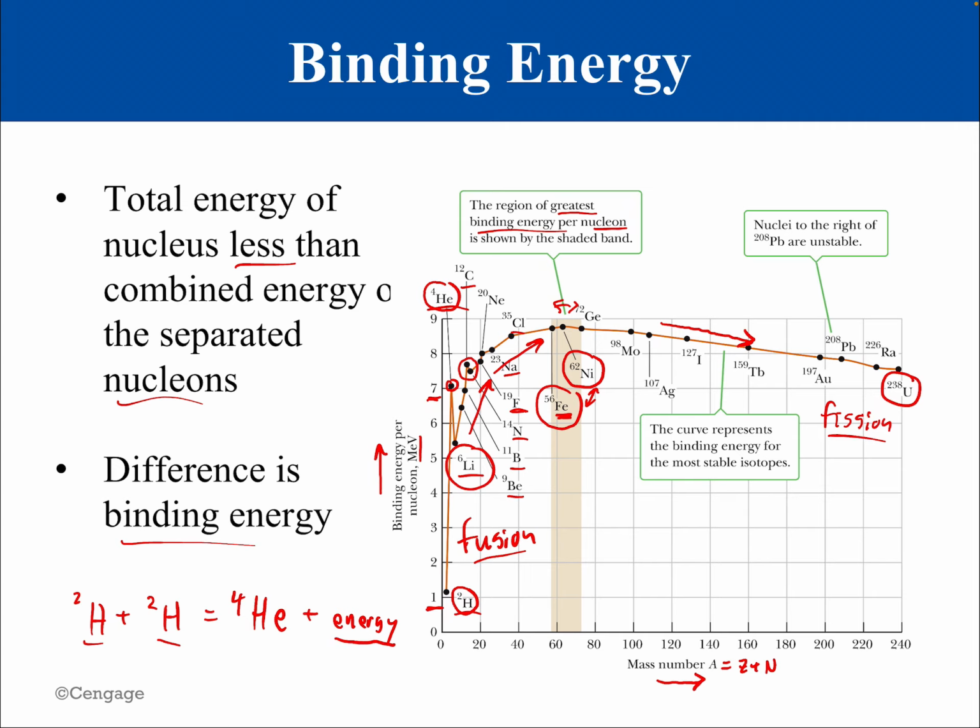Okay, it all has to do with E equals mc squared and the binding energy per nucleon being a function of the mass number.